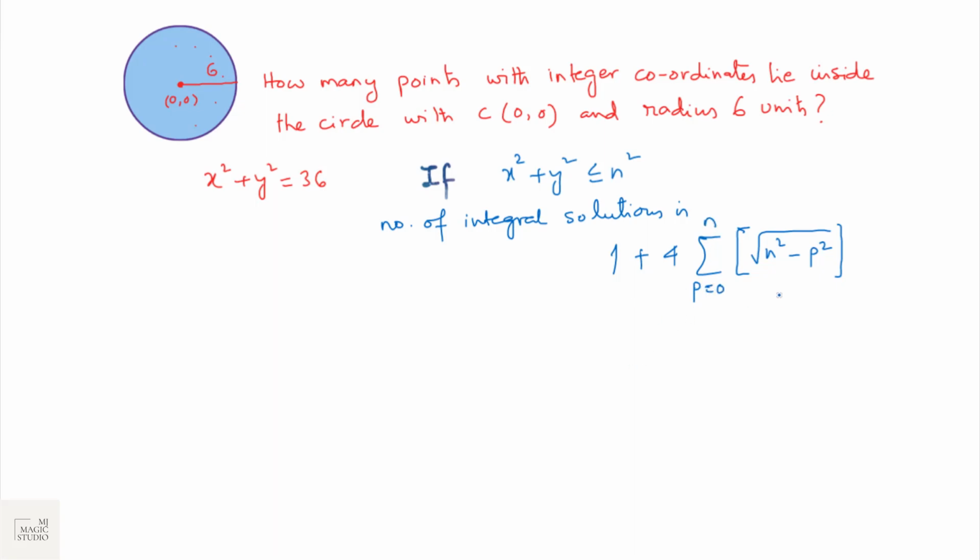We just need to remember this formula. So in our case, we are looking for x square plus y square less than or equal to 36.